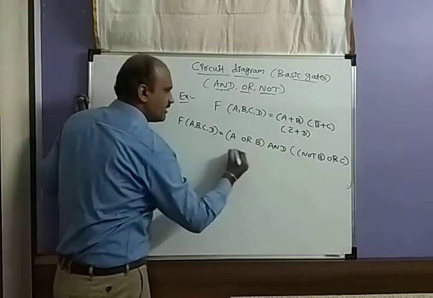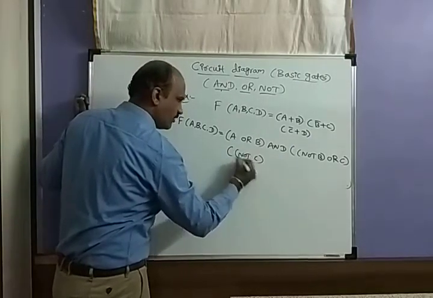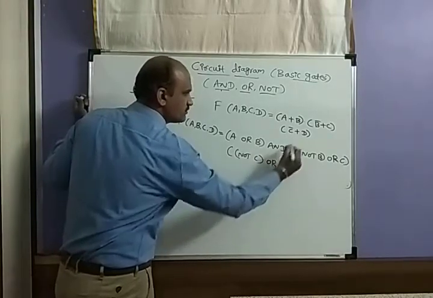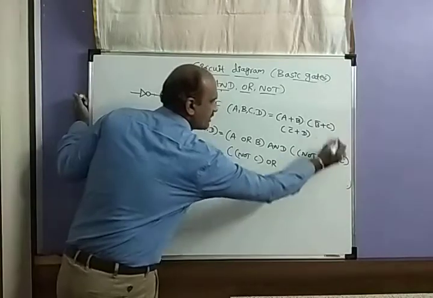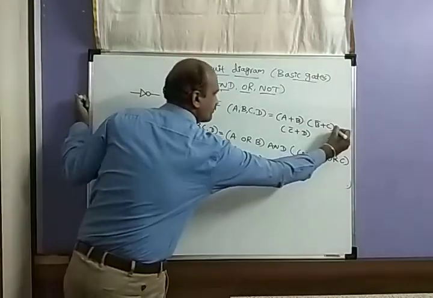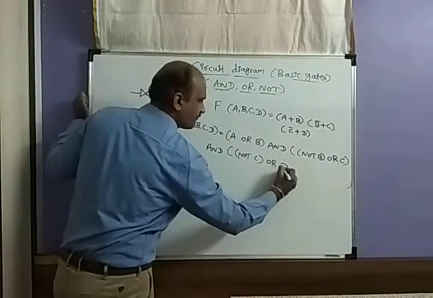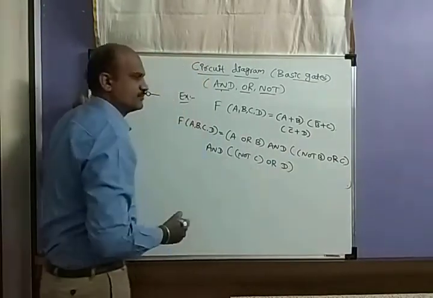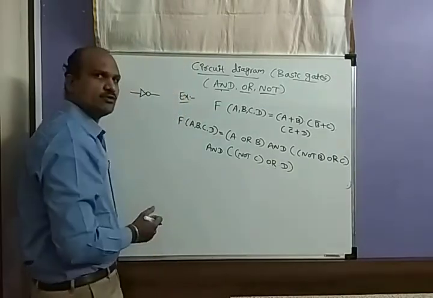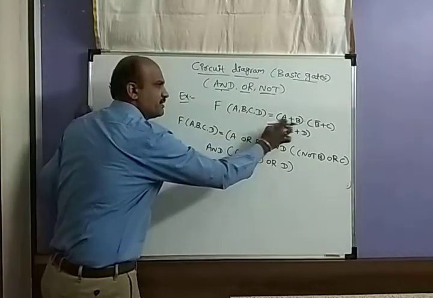Next C bar, so not C, inside the bracket, plus again OR, here you should write B and C, again AND, because here it is multiplication. Okay. Then OR D, not C or D.